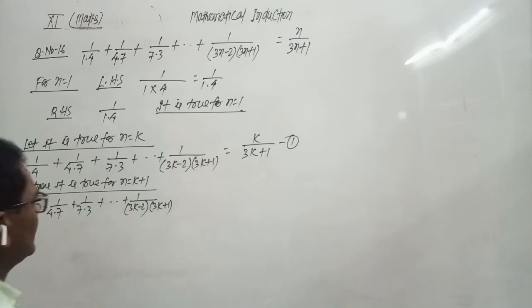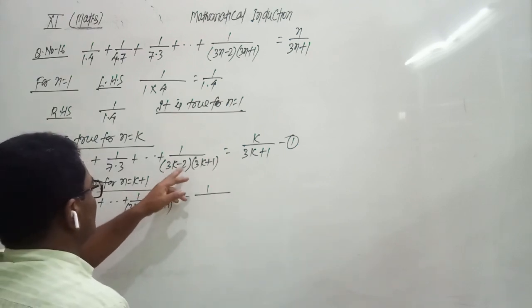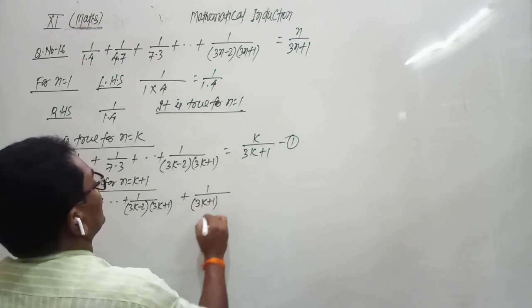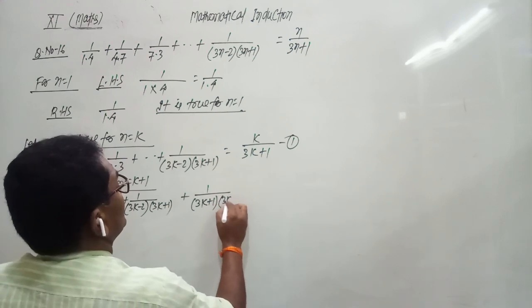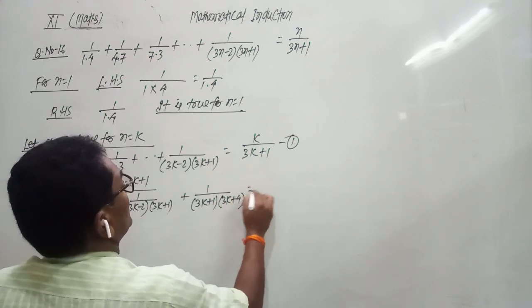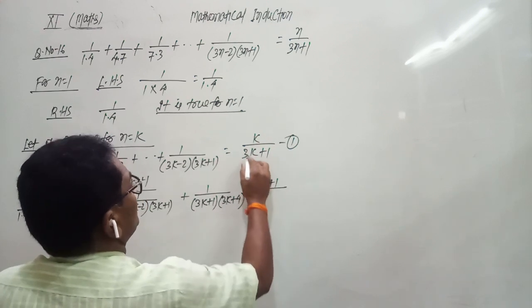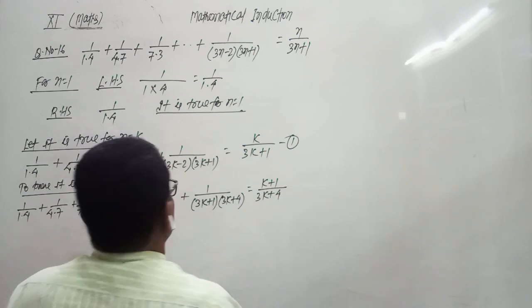Then we write the k plus 1 is term. So 1 upon 3k plus 3 minus 2, that is 3k plus 1. Then 3k plus 3 plus 1, that is 3k plus 4 equals to, and here also replaced by k plus 1, 3k plus 3 plus 1 means 3k plus 4.